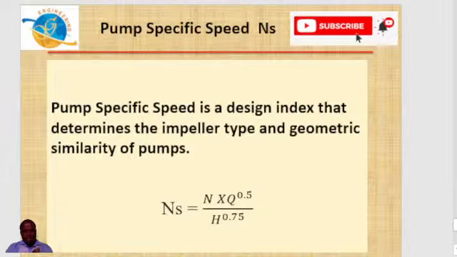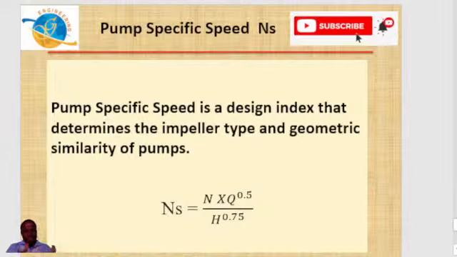Your pump specific speed, denoted NS, equals N multiplied by Q raised to power 0.5, over H raised to power 0.75.